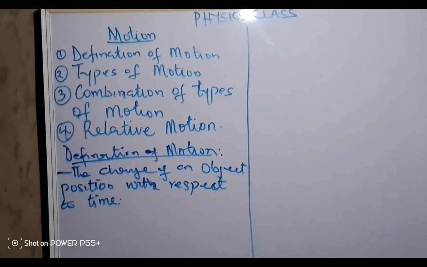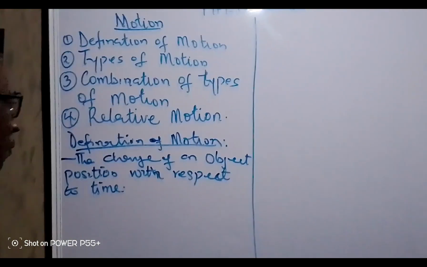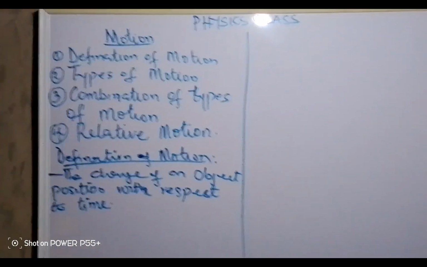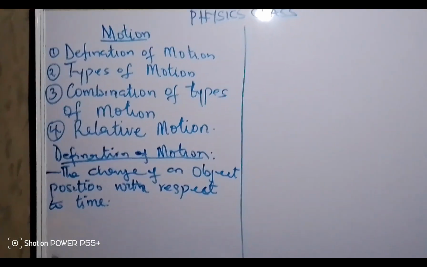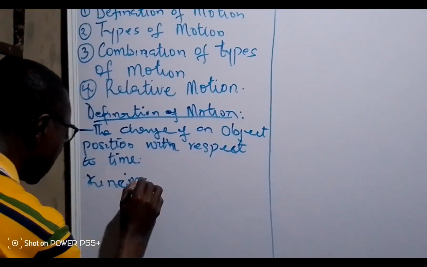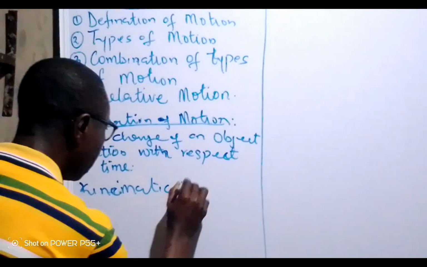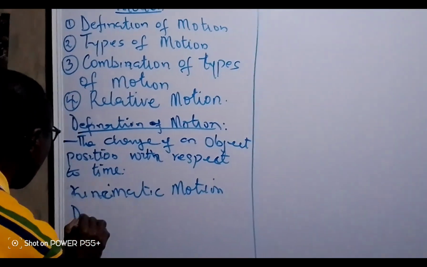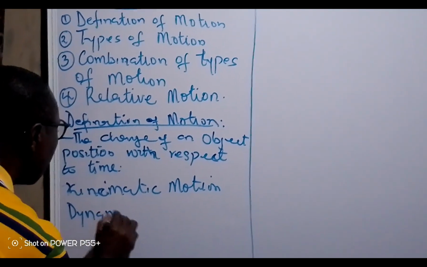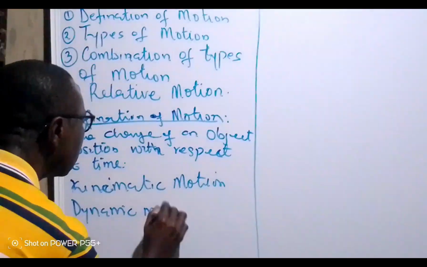It simply means change of an object position with respect to time. Then, the nature of motion can be one, kinematic motion, and two, dynamic motion.